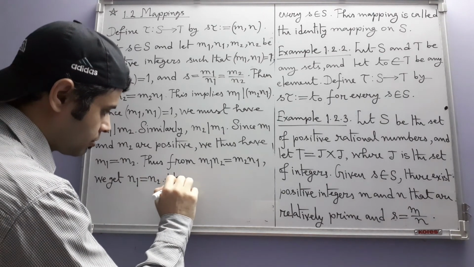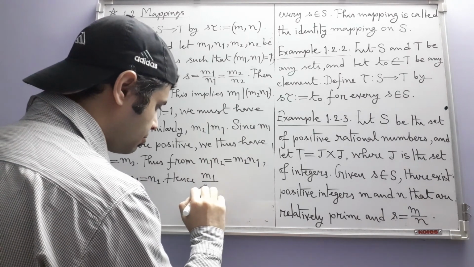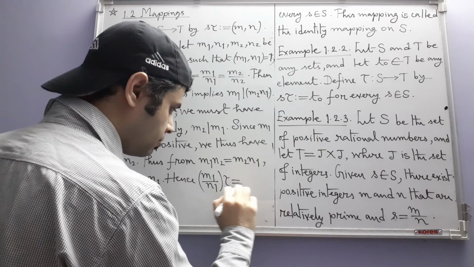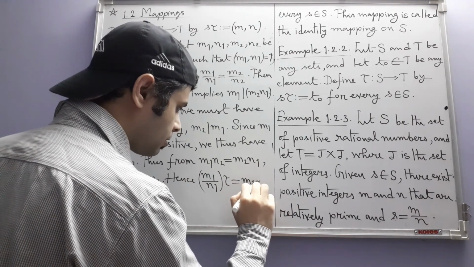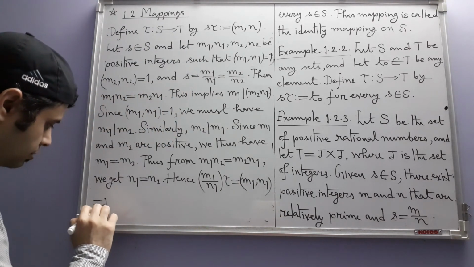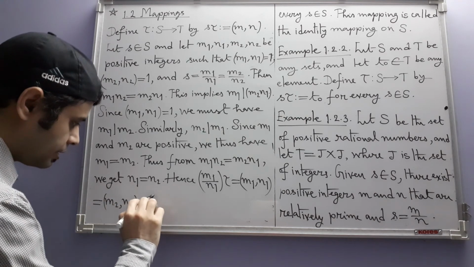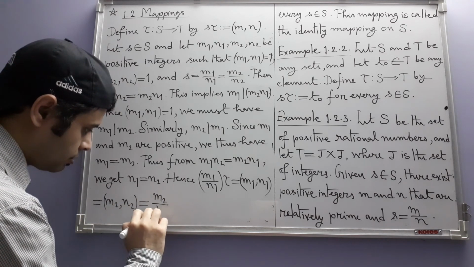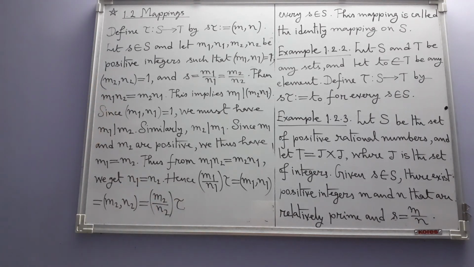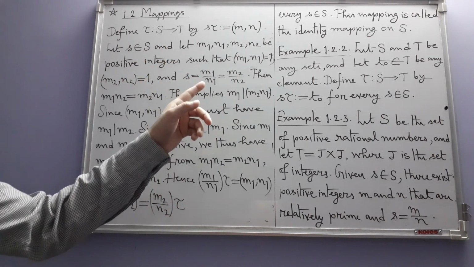Hence, m1 by n1 tau, which is equal to m1 comma n1, is equal to m2 comma n2, and that is equal to m2 by n2 tau. This proves that the mapping we have defined is well defined.